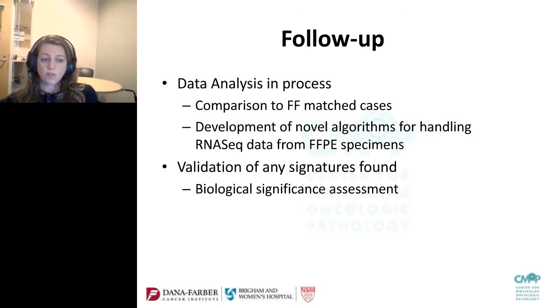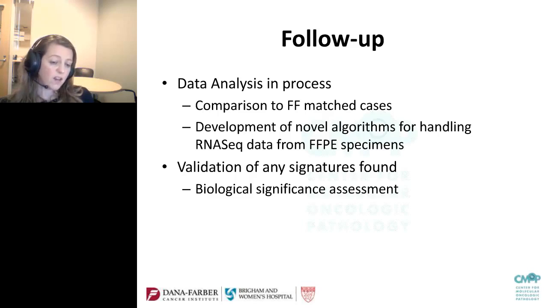Okay, so for the follow-up, we have data analysis that's in process, and as I said, we have a plan to compare these to fresh frozen matched cases. We want to look at developing novel algorithms that would handle FFPE specimens better, and also, more importantly, if we look at the QC of the RNA from these FFPEs, can we make a go or no-go decision around whether they're feasible for sequencing or not, based on what that degradation profile looks like.